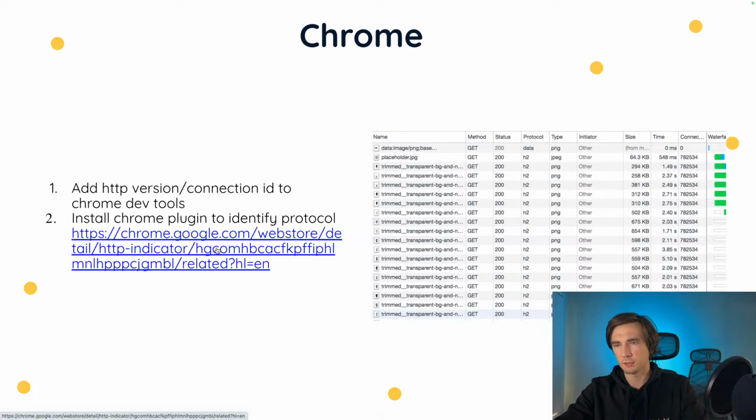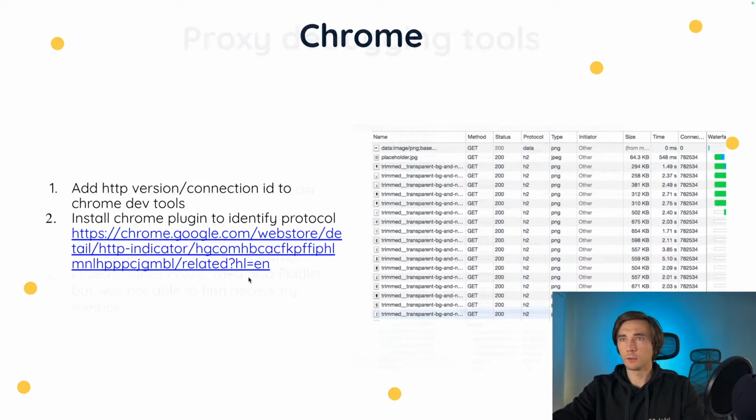It will show you whether HTTP1, HTTP2, or HTTP3 is used on the site. I was not using it too much. I installed it just to try, but for me it was not of big value. But DevTools really helps to see the protocol and the connection IDs.